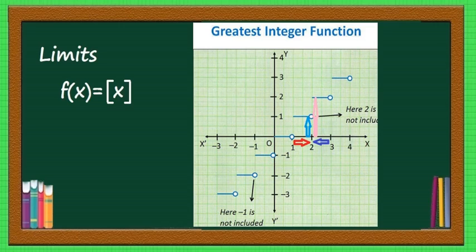Here you can observe the left side limit and right side limit are different, and moreover the value of the function at x equal to 2, that is box 2, is equal to 2, and just note this. And before coming to the definition, I'll give one more example.